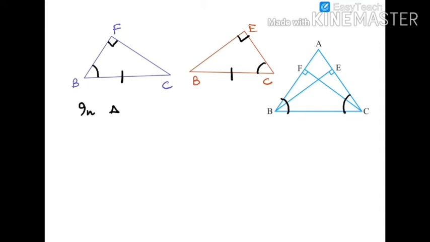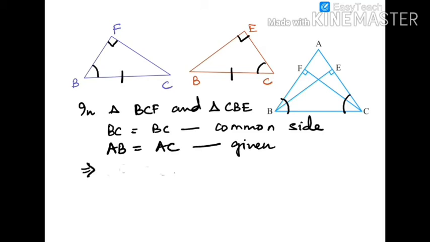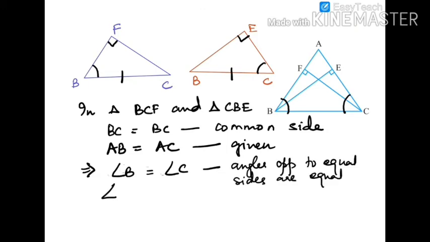Start by mentioning the triangles. In triangle BCF and triangle CBE, BC is equal to BC, common side. AB is equal to AC. This is given. This implies angle B is equal to angle C. And angle BFC is equal to angle BEC.